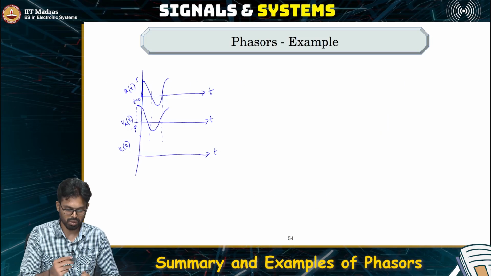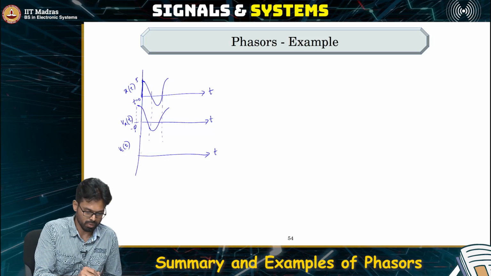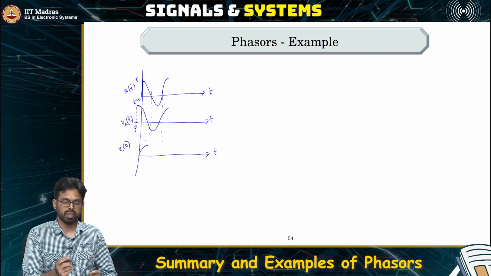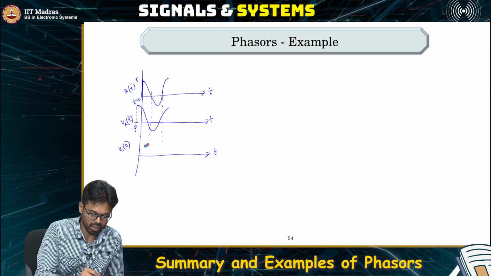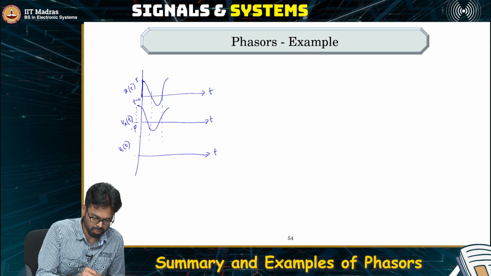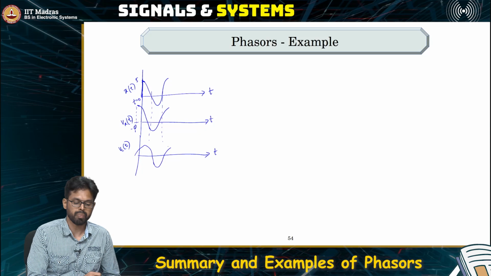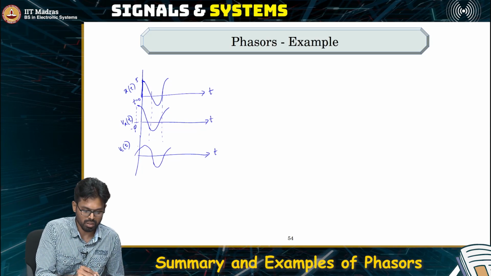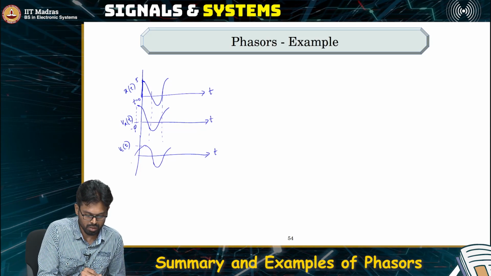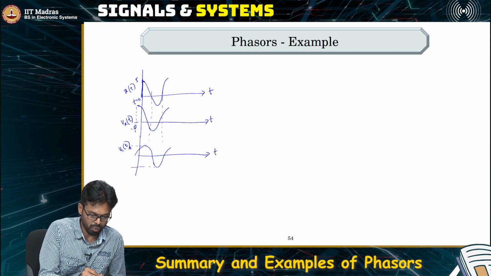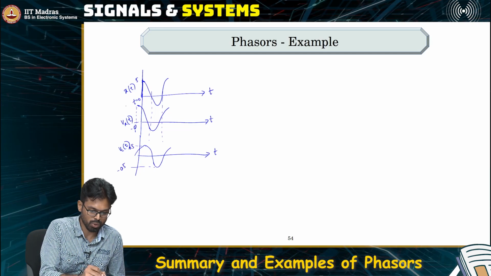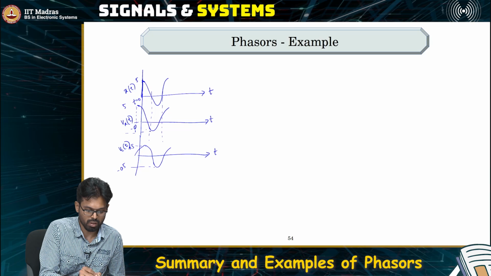So sine wave is supposed to start at 0, but then there is a phase difference phi. So instead of starting at 0, it will start at some phi like this. Okay. And one thing to notice, this amplitude is 0.5 and minus 0.5, whereas these two are 5 and minus 5.